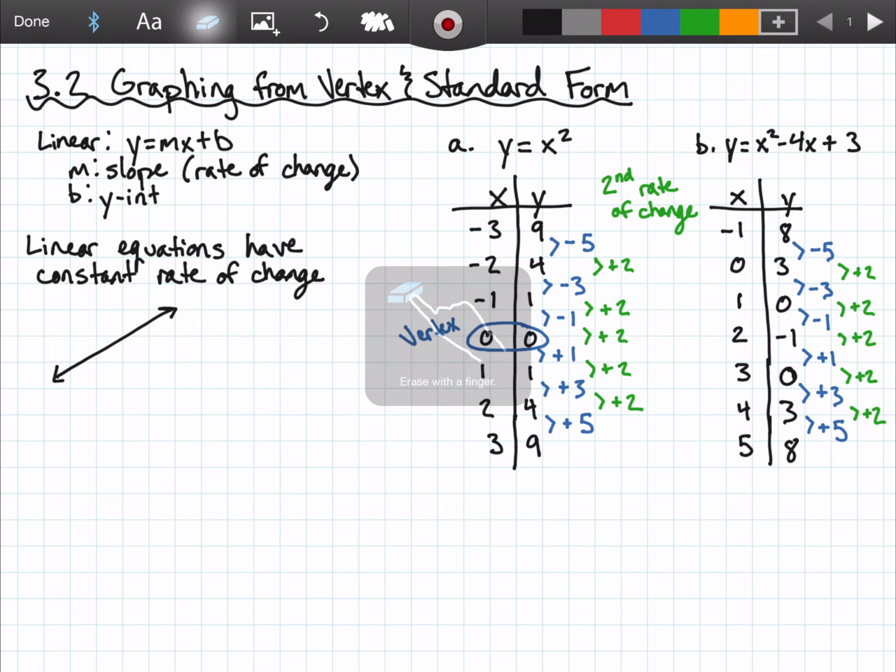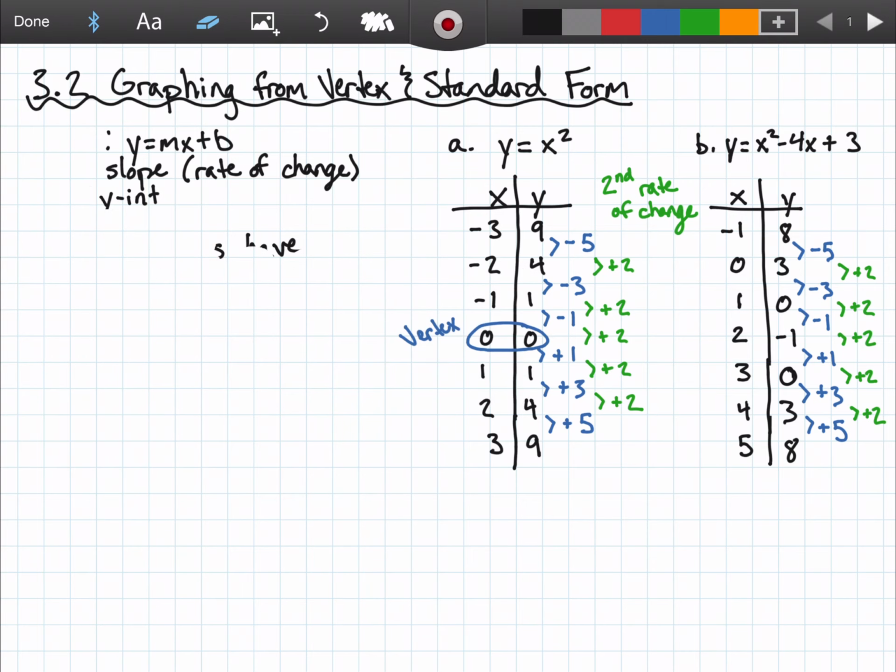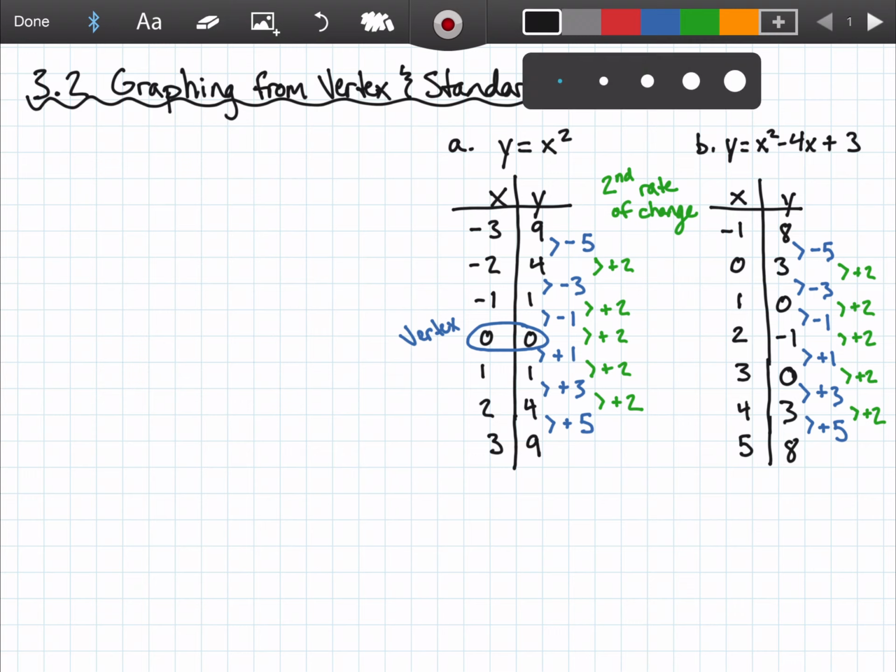Okay. I'm going to erase this stuff over here because I want to look at more tables in the same panel here.